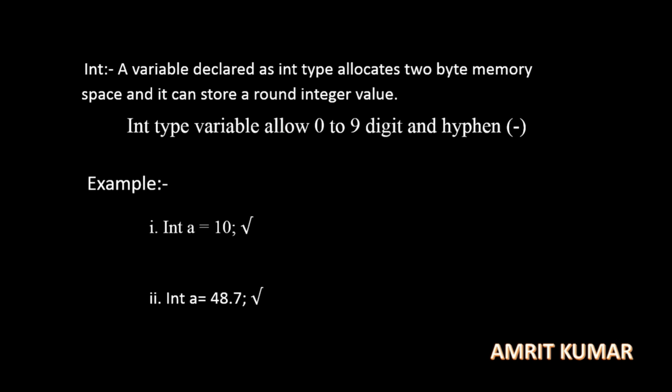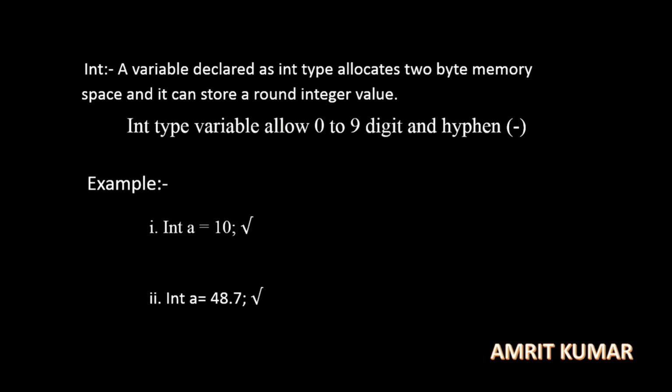If we compare with char, char allocates memory of one byte and can store a maximum of one character, but due to the escape sequence we can include one more character, though internally it behaves as a single character. In the int data type, we are going to learn the same functionality that is predefined, as we discussed for char.